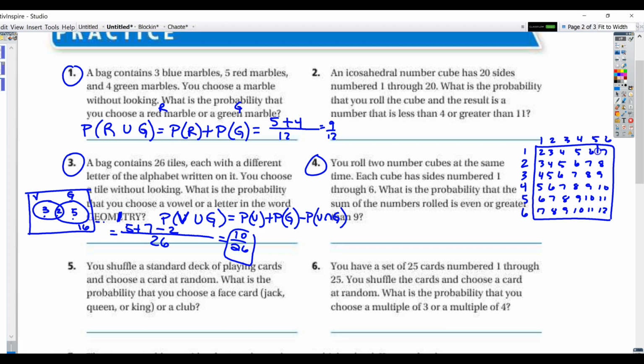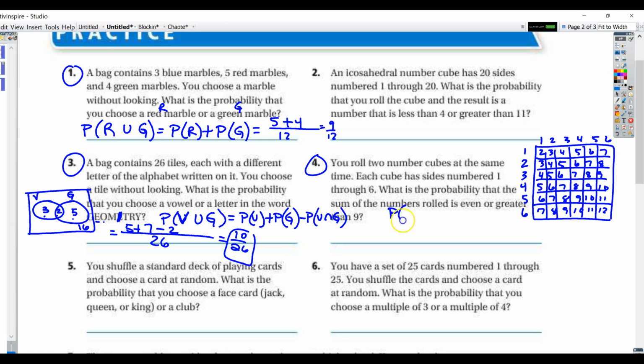Okay, for number 4, I want the probability the sum of the numbers rolled is even or greater than 9. So how many evens do I have?